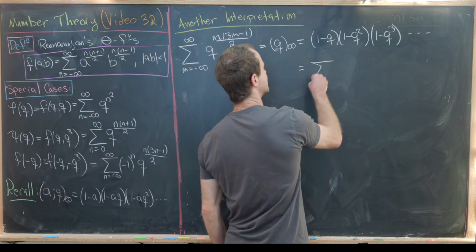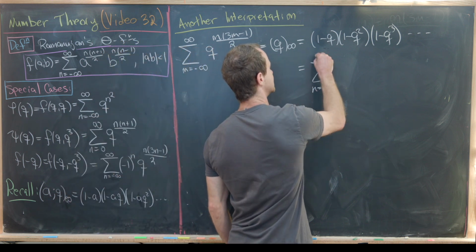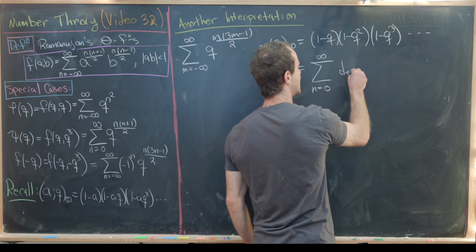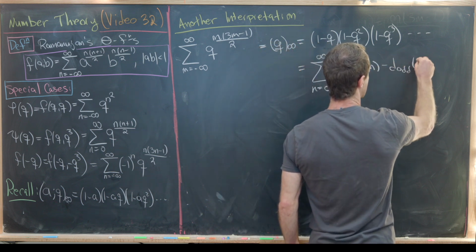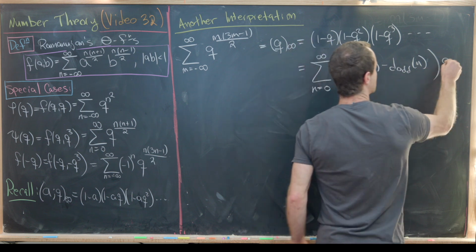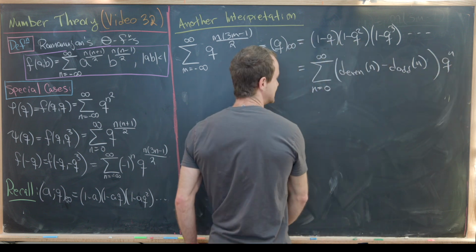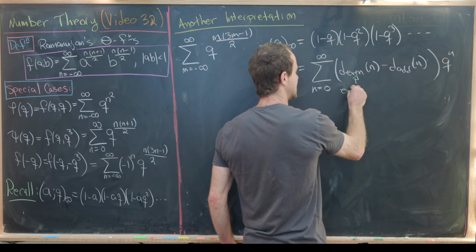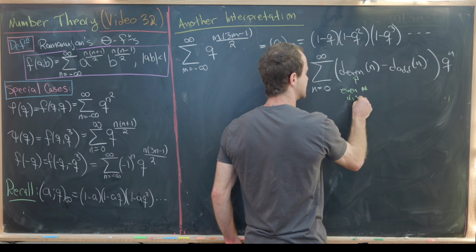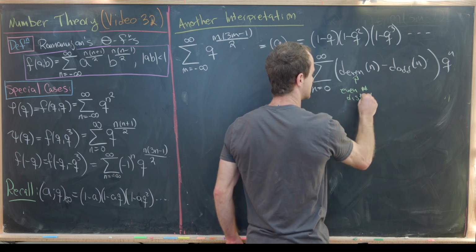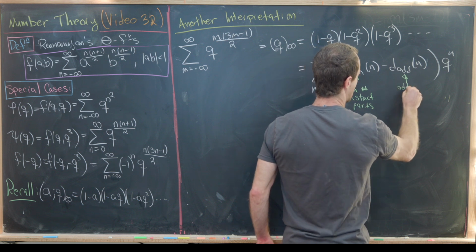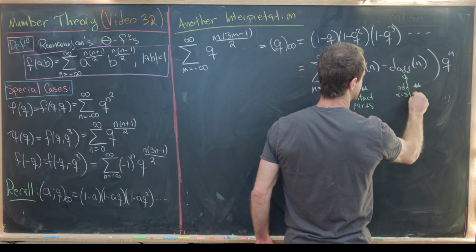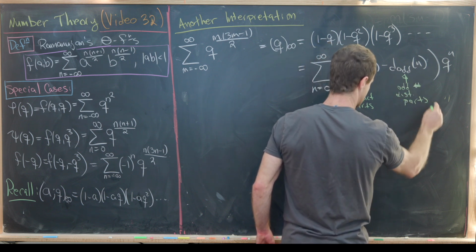So just to reiterate, this is the sum as n goes from 0 to infinity of, I'll call it, d even n minus d odd n, times q to the n, where this d even n is an even number of distinct parts, and this d odd n is an odd number of distinct parts. Great.